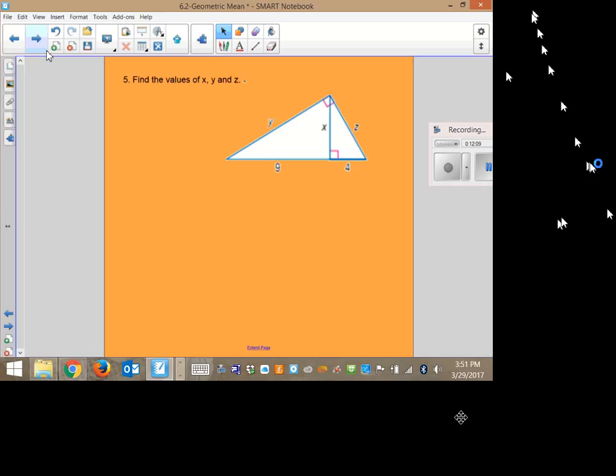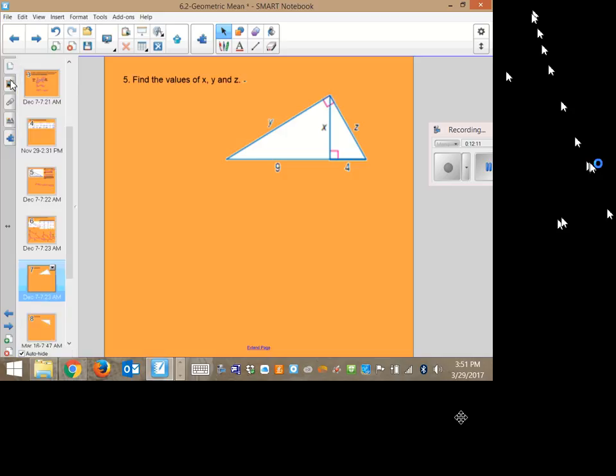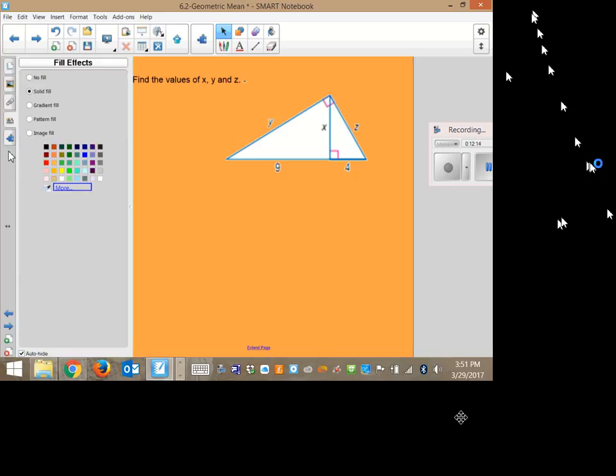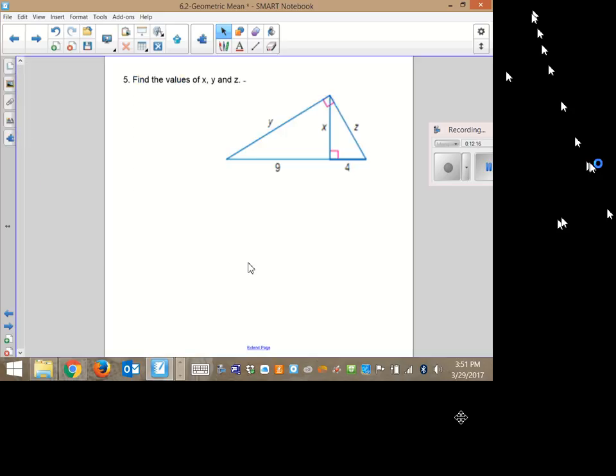So we want to find the values of X, Y, and Z. So here we want to first find X. Now, we can set up our proportion as 4 over X equals X over 9.